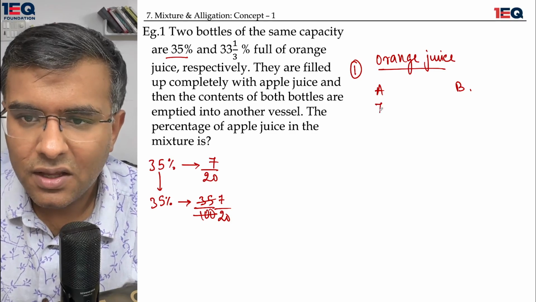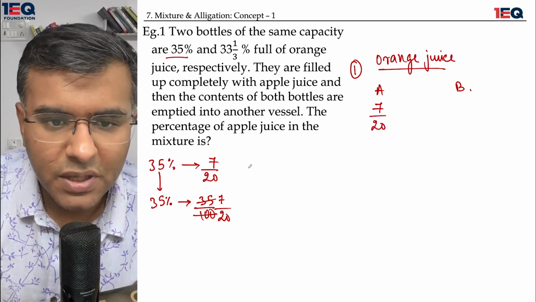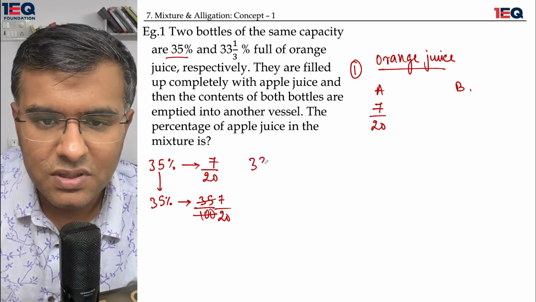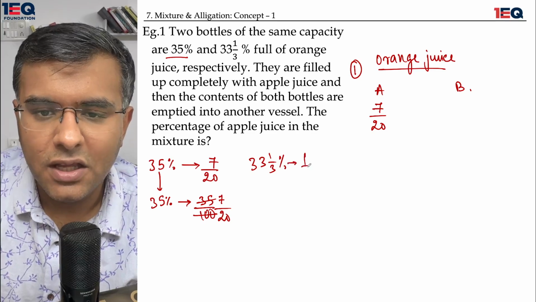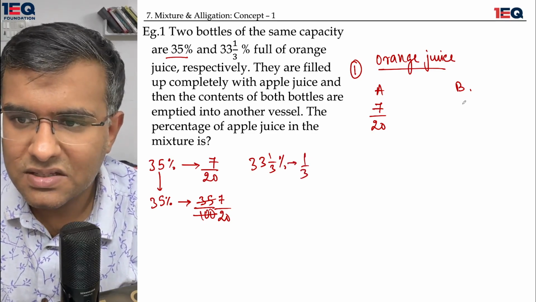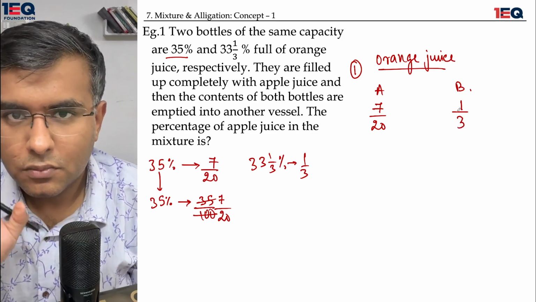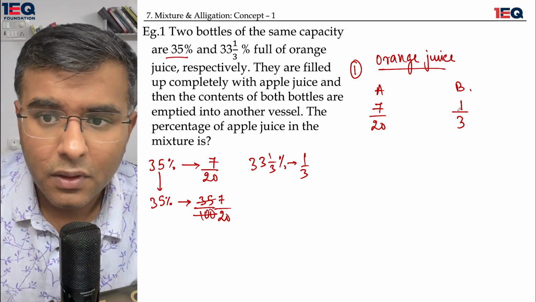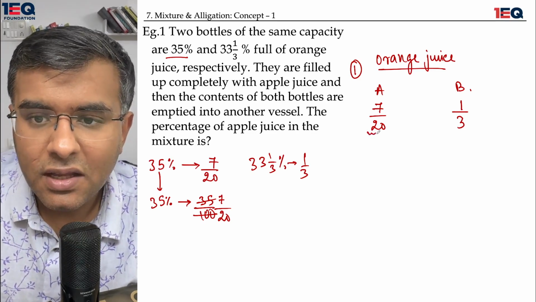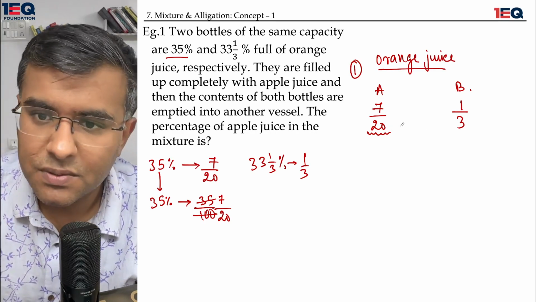So for A, there is 7 upon 20. Talking about B, B's ratio is 33 1 by 3, which is very conveniently 1 by 3. So in bottle A, out of 20 spaces, 7 have been filled by orange juice.